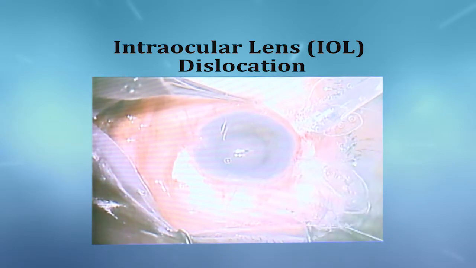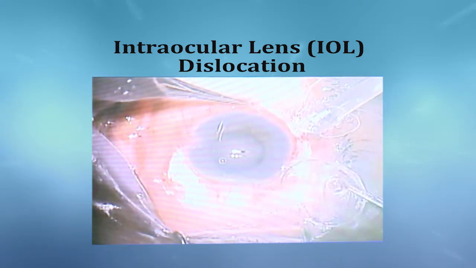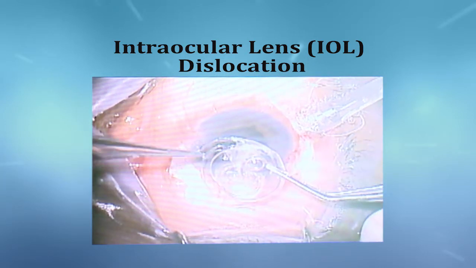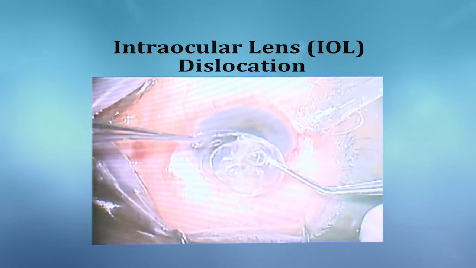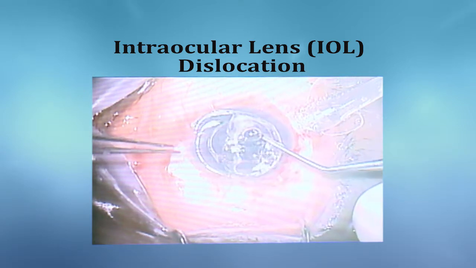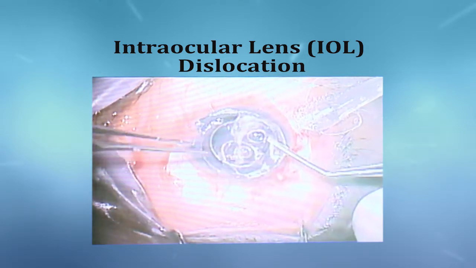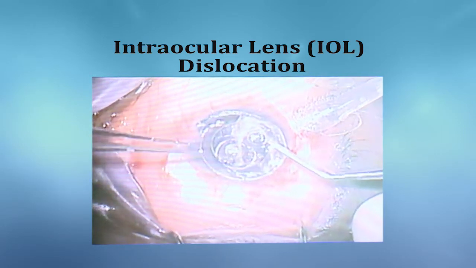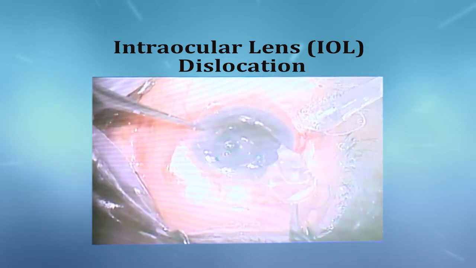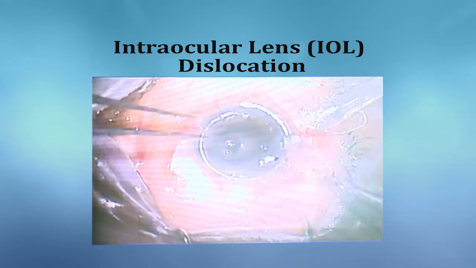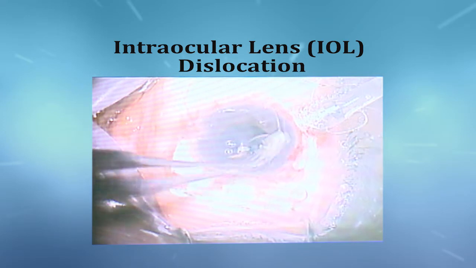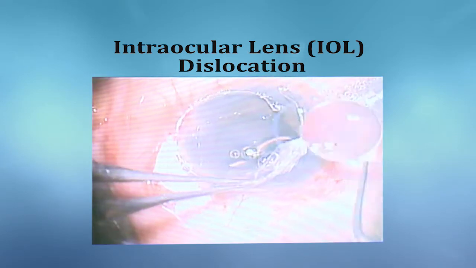Take it outside. As we see, hold the lens with the capsular tension ring and the bag. As we see, this is a capsular tension ring alone. Then this is the lens.